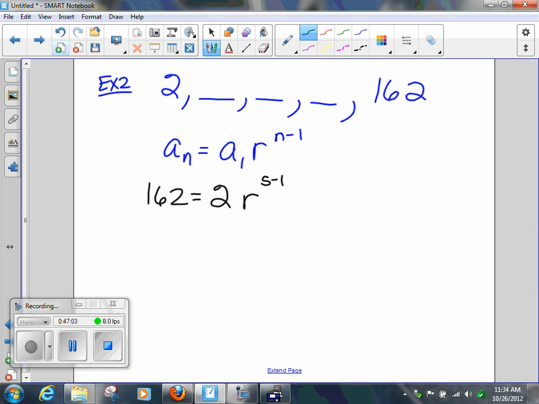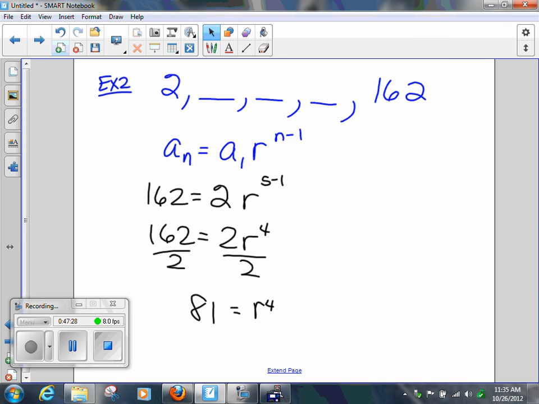That's my n, okay? Here we go. 162 is equal to 2r to the 4th. How do I solve for r? Divide by 2, right? What's 162 divided by 2? 81. And now, how do I solve for r?